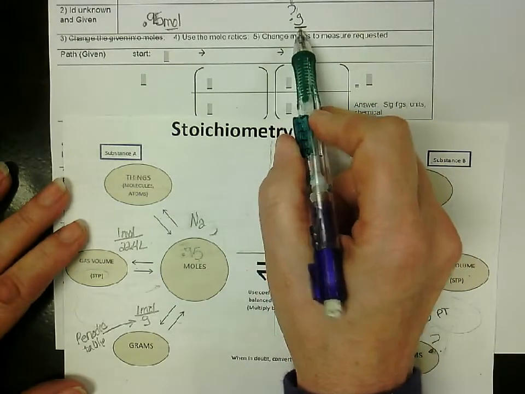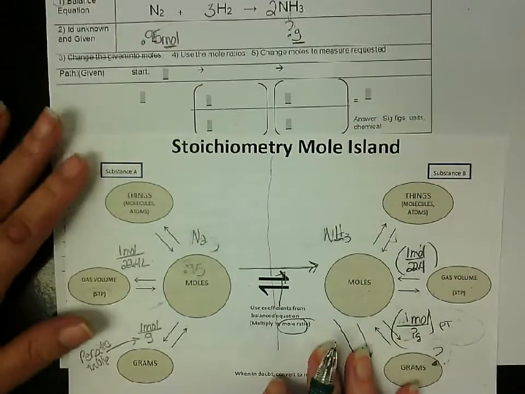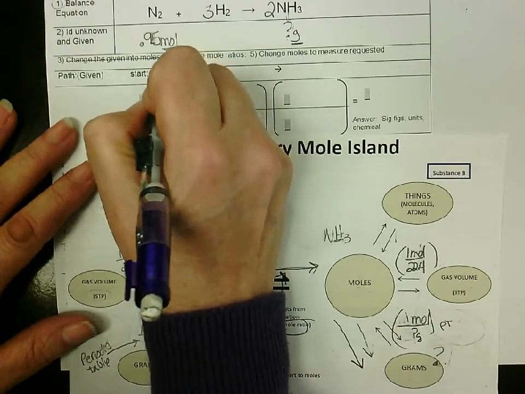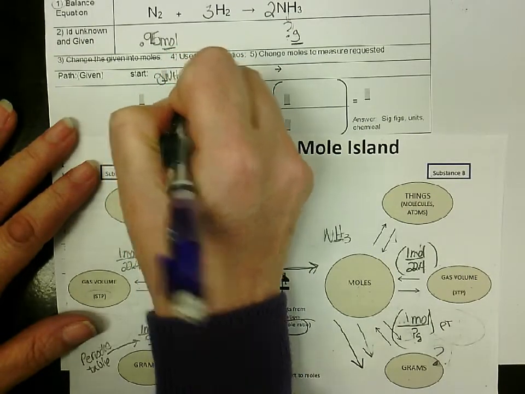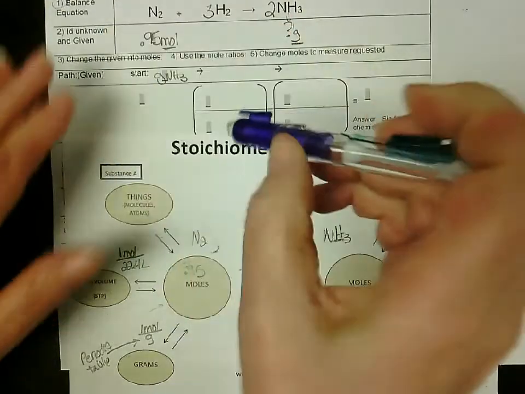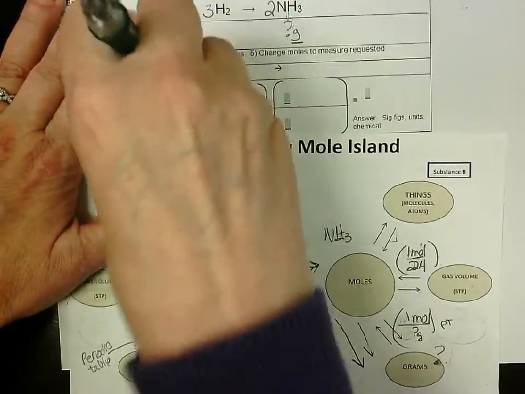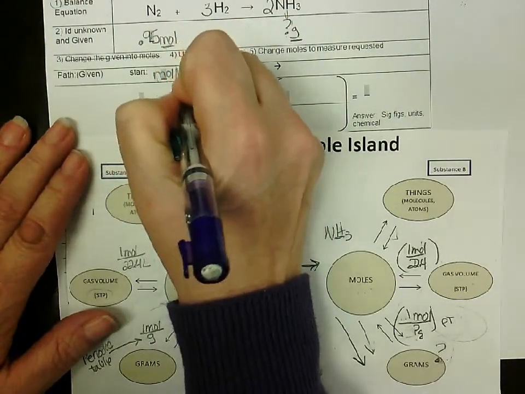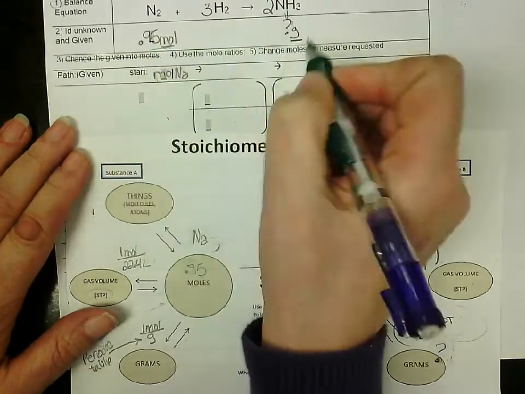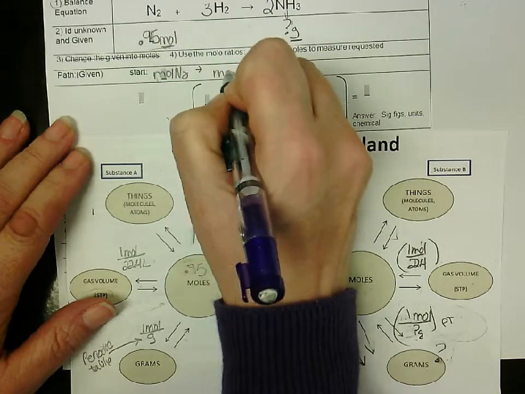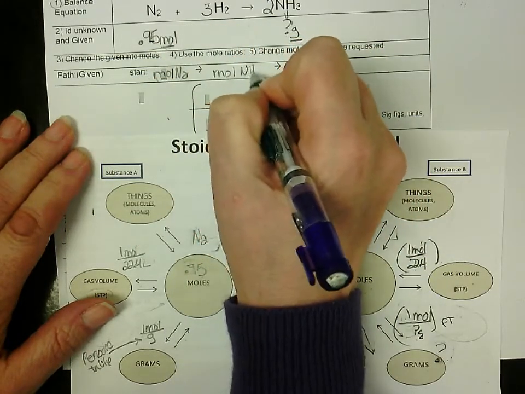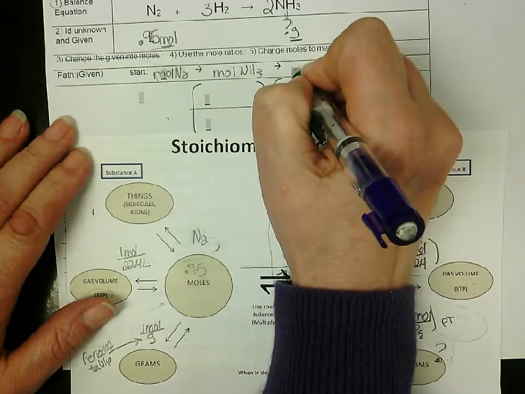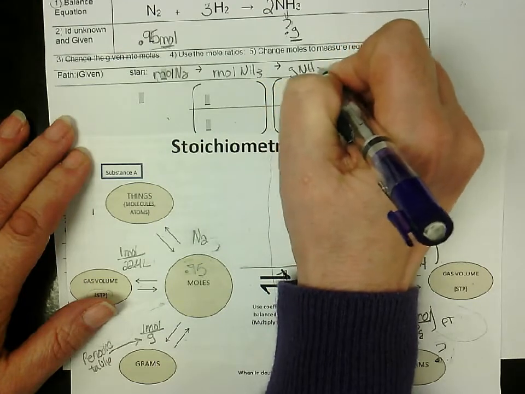So our path is starting at moles of N2. That's our given number right here. And we're going to moles of substance B, which is NH3. And then I need to convert that to grams of NH3, which is ammonia.